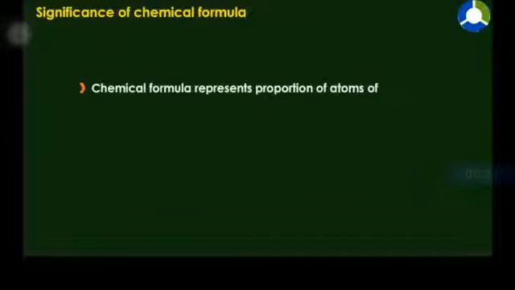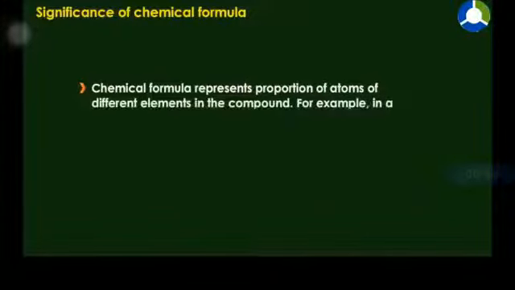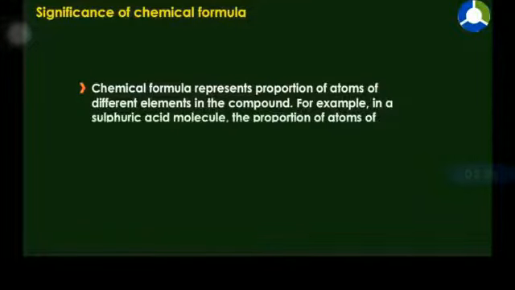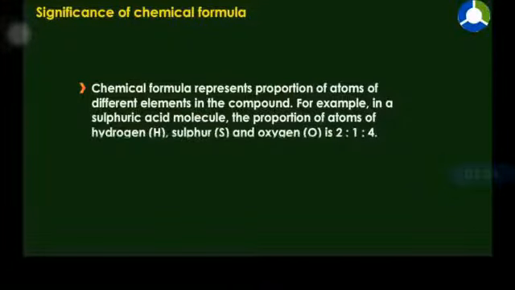Chemical formula represents proportion of atoms of different elements in the compound. For example, in a sulfuric acid molecule, the proportion of atoms of hydrogen H, sulfur S and oxygen O is 2:1:4.